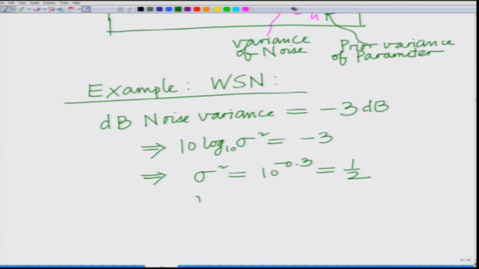We also have the prior variance sigma h square equal to 1 by 4.